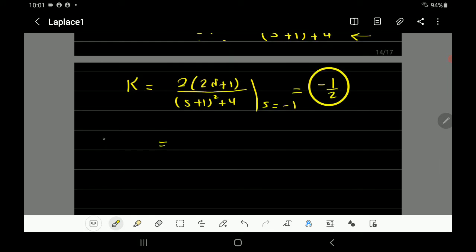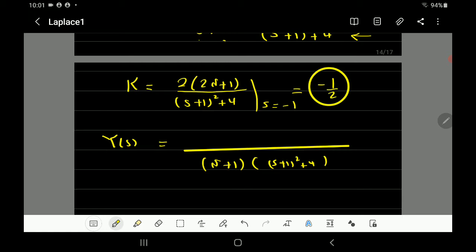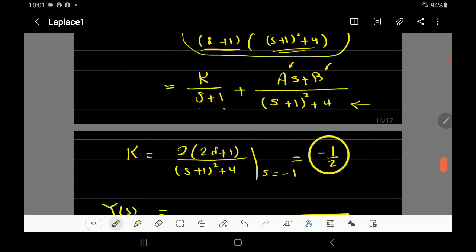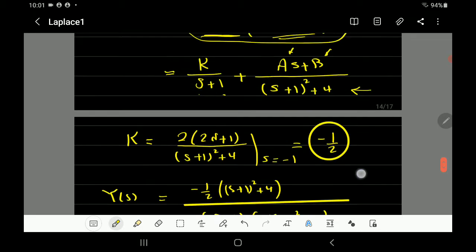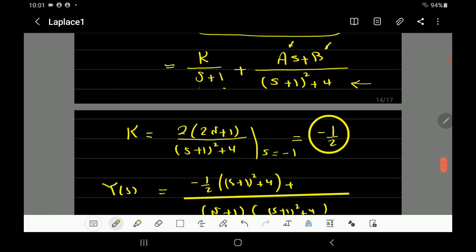Y of s will be equal to, over (s plus 1) times ((s plus 1) squared plus 4), k multiplied by this one, which is minus 1/2, multiplied by ((s plus 1) squared plus 4), plus (as plus b) times (s plus 1).